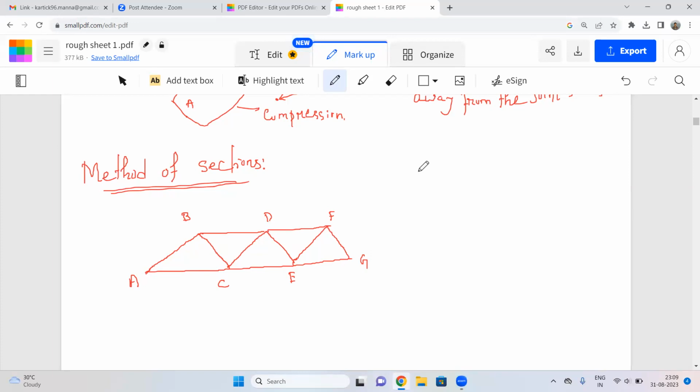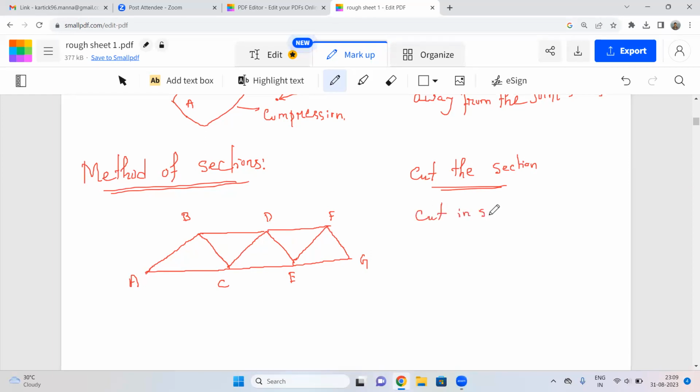You need to cut the section. Now how can you cut? You need to cut in such a way in which you will get only two unknowns.